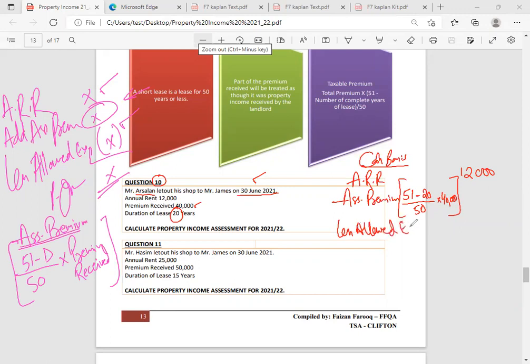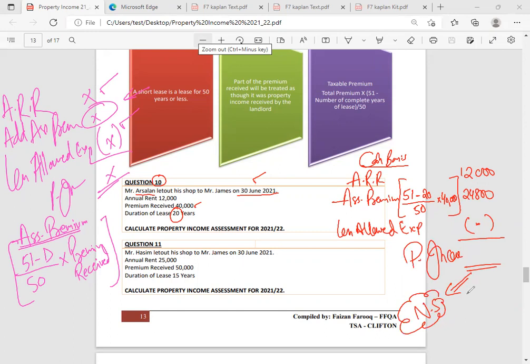24,800. There are no allowed expenses, and there are no other properties, no losses, nothing. So this is the property income and it will go under the heading of non-savings in our computation of tax format.